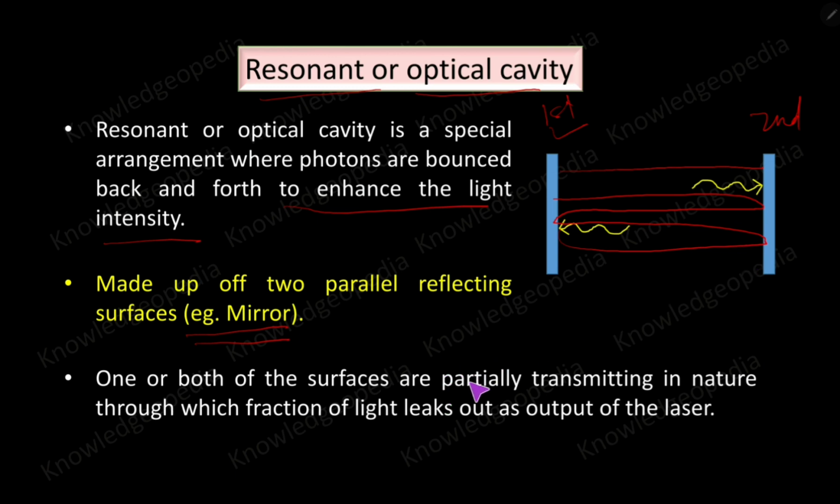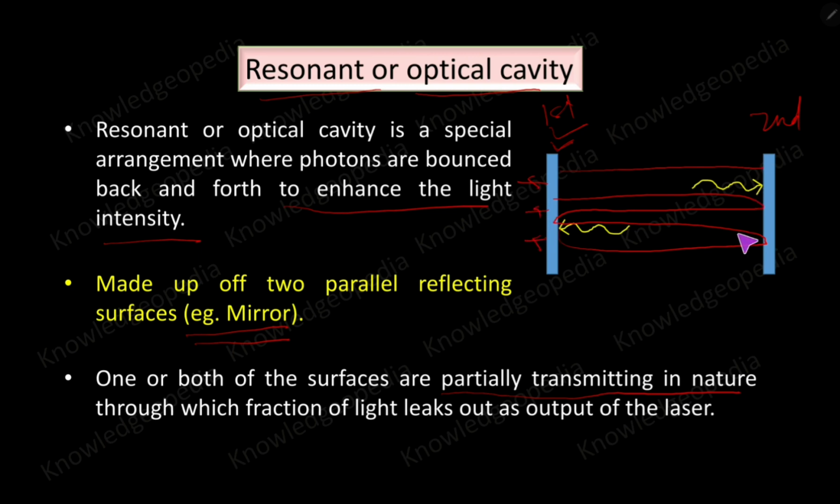Let us understand this. One or both of the surfaces are partially transmitting in nature. Either one of these two or both of these surfaces are made partially transmitting. Partially transmitting means, if this face is made partially transmitting, then part of the light coming to this surface will be reflected, and part of the light will be transmitted out of the surface.